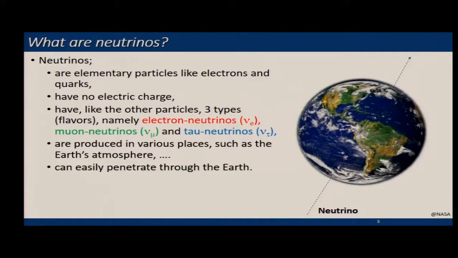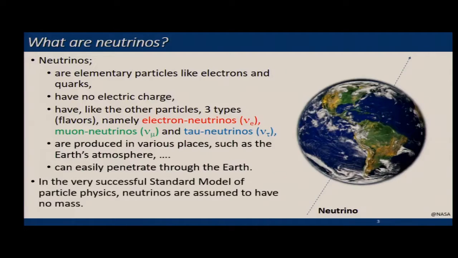They are produced in various places, such as the Earth's atmosphere, and they can easily penetrate through the Earth. And I just want to tell you that in the very successful standard model of particle physics, neutrinos are assumed to have no mass.